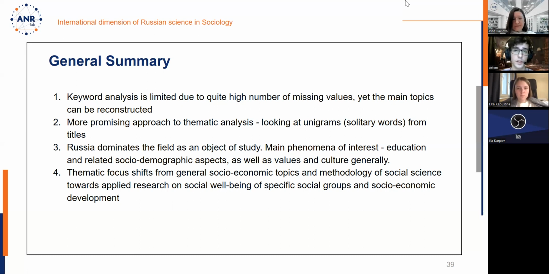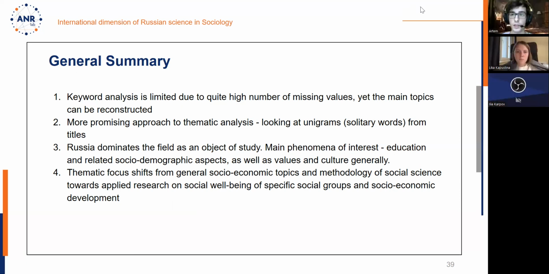For example, youth and students are quite popular, and socioeconomic and technological development. So in general, the focus shifts from quite general theoretical works on big topics, grand theories, to applied research. This is the most general and quite pronounced trend. Please, the next slide.